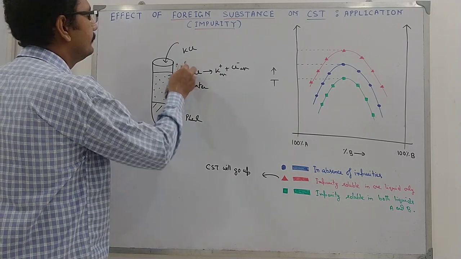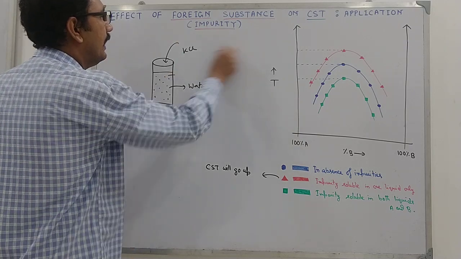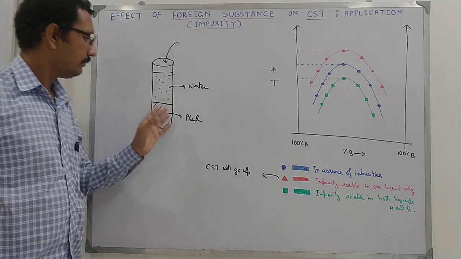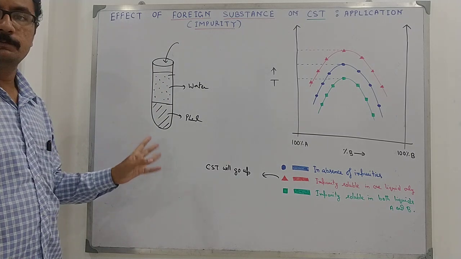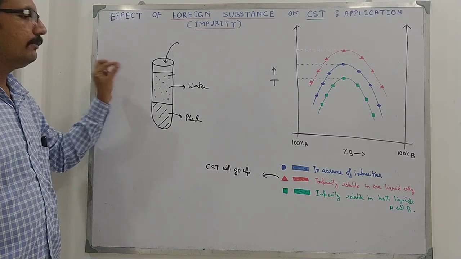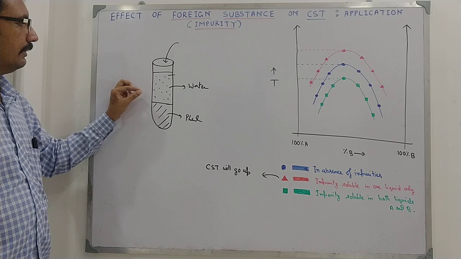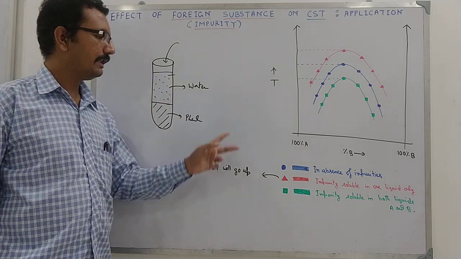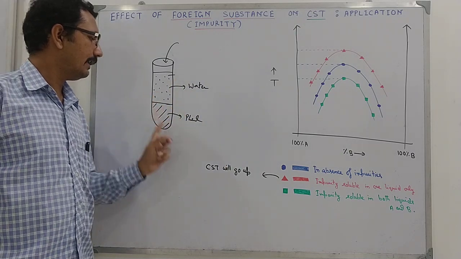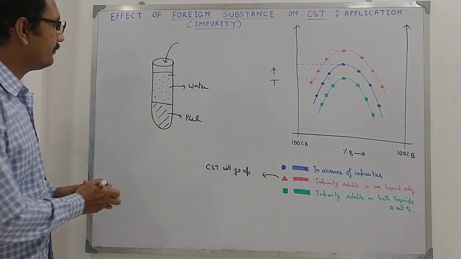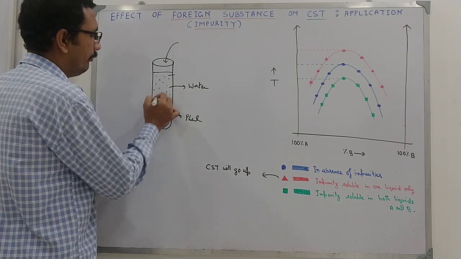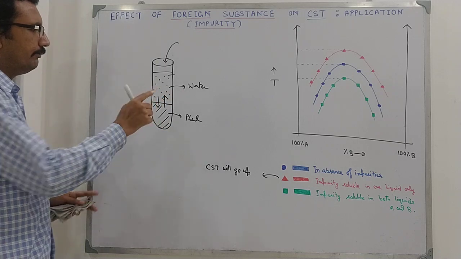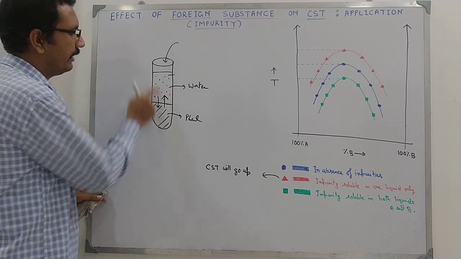Now if we add an impurity such that it is soluble in both the liquids and not preferably in one, then what will happen? An impurity is chosen which is soluble in both water and phenol. Then that particular molecule will execute a to and fro movement, that is, that impurity will go from water to phenol and from phenol to water.